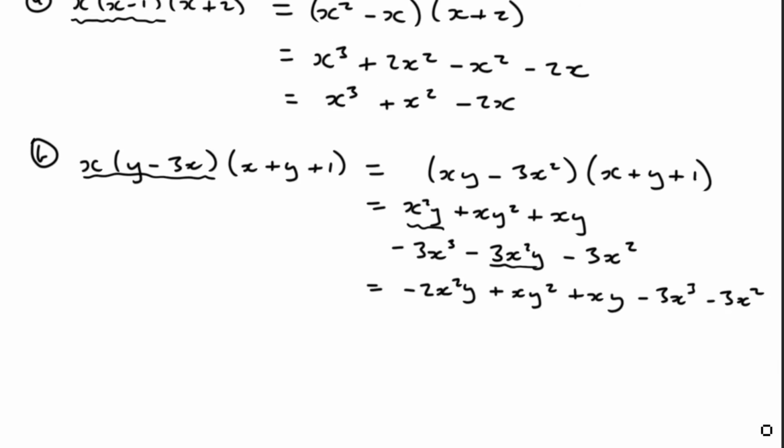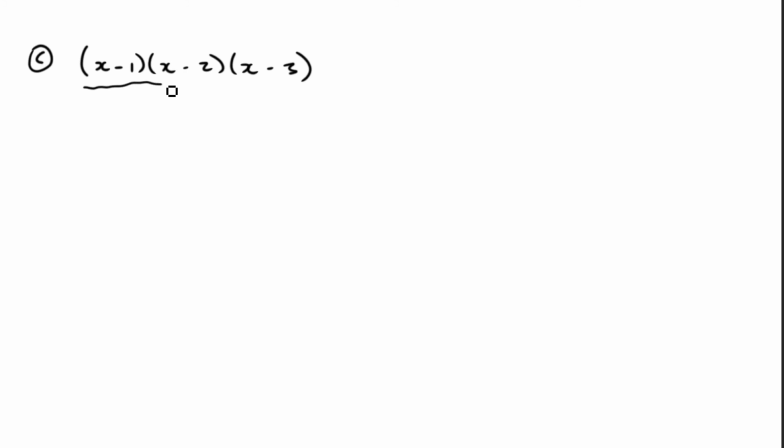In our final example with 3 brackets, we have to do a little more work because we have to work out what the expansion of x minus 1, x minus 2, x minus 3 is. Let's once again multiply these first 2 pieces together, but they are both 2-term brackets in their own right.